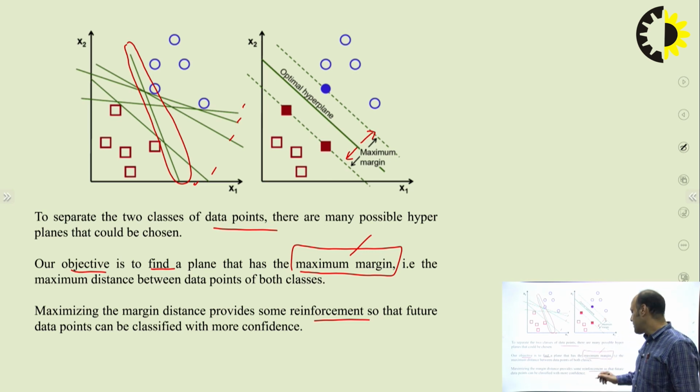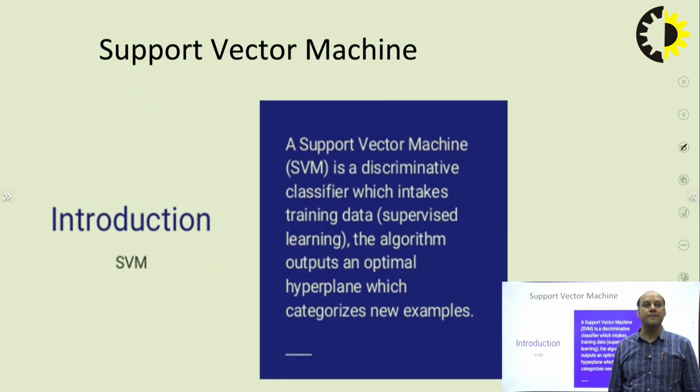So on the basis of that reinforcement, future data points can be classified, and how is this classification done? With more confidence. Okay. So generally in books and texts, SVM is described as a discriminative classifier. Now I think you will understand this term.